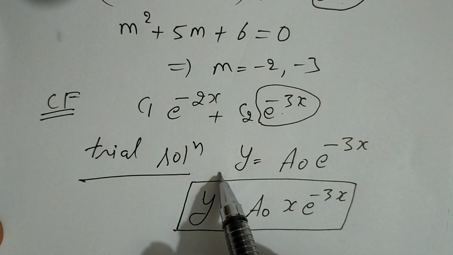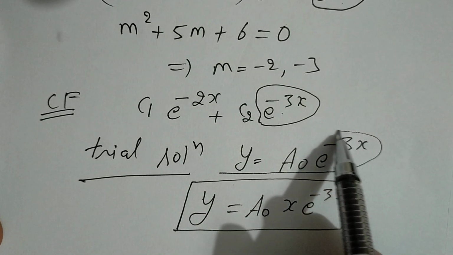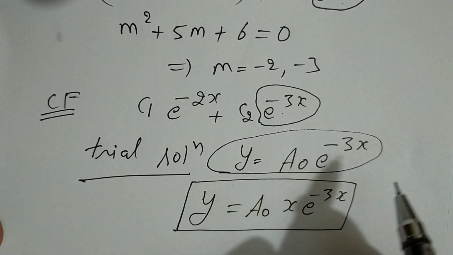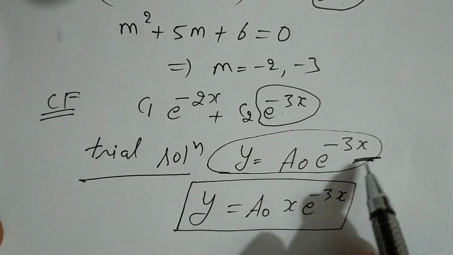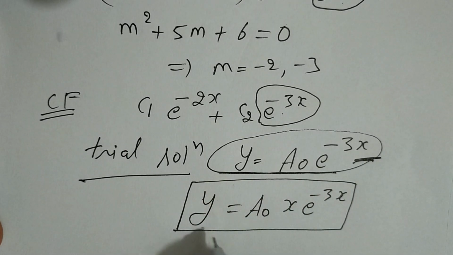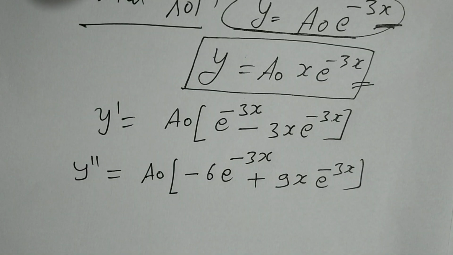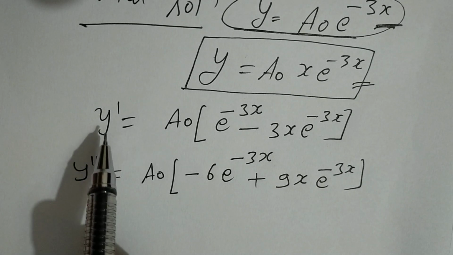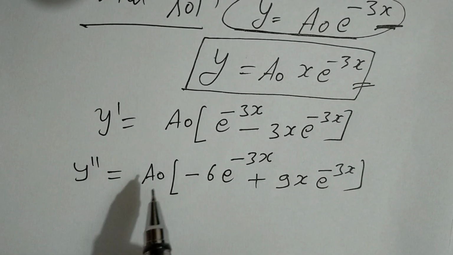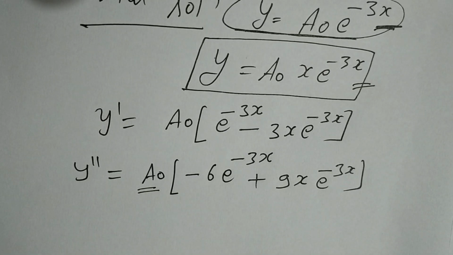If you go ahead with the usual trial solution, we won't get the value of a0. You can check. So this is the modified trial solution. We find y dash, y double dash, and substitute in the main equation and try to get this a0. So let us see what is the value of a0.